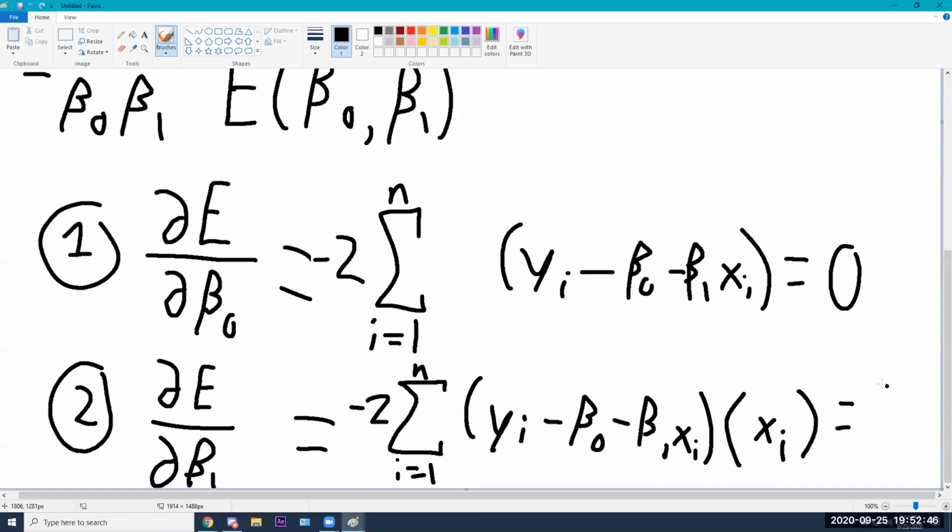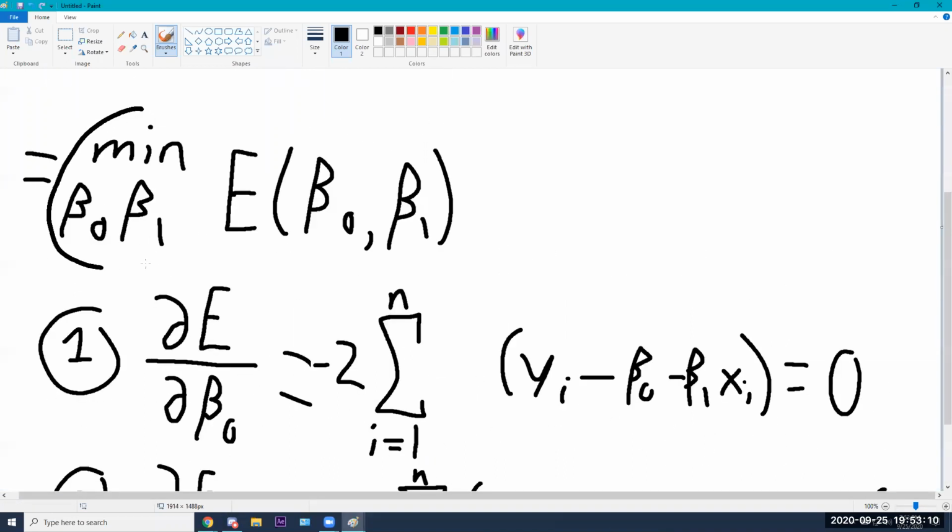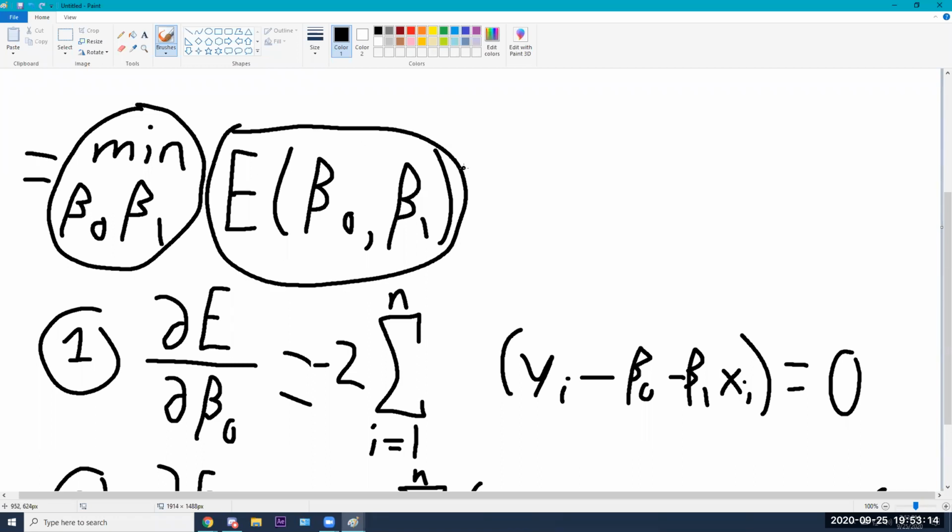What we're saying is that we want to optimize our error with respect to beta naught and beta 1 to 0. And so this would essentially be finding the minimum for epsilon with respect to each of these two variables. And this is what we want. We're finding the minimum with respect to each of these two variables to minimize our error function and find a line of best fit.